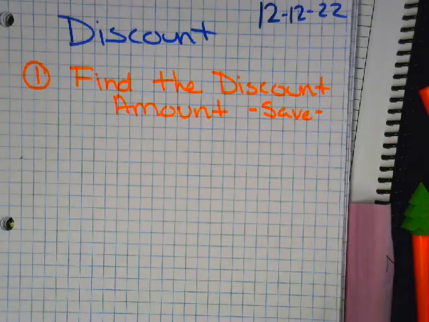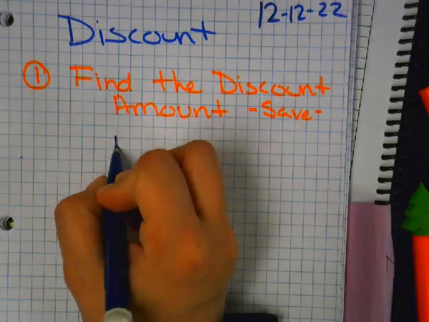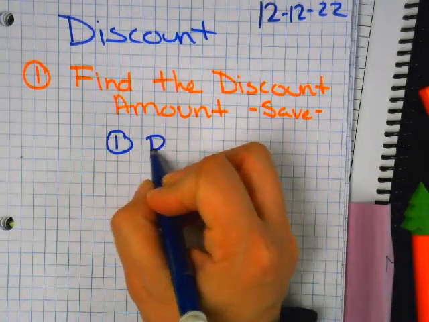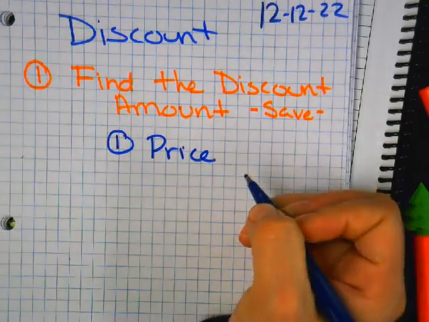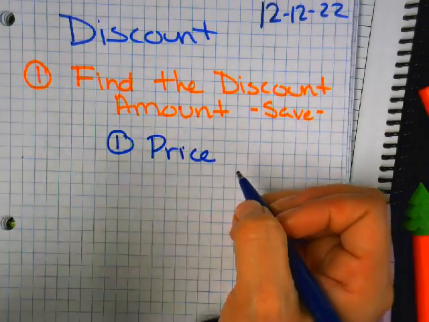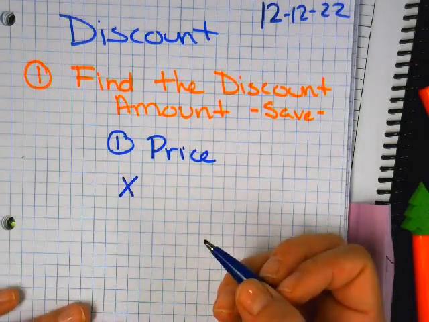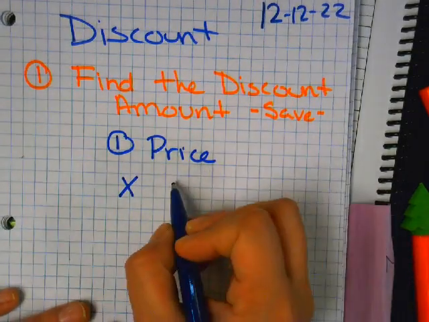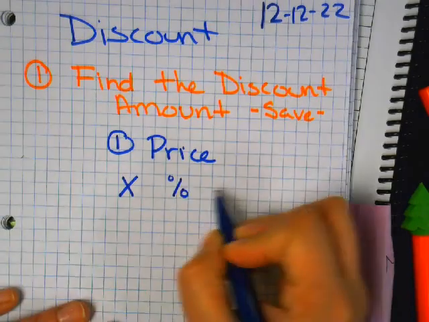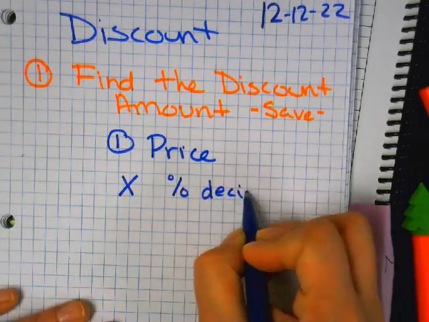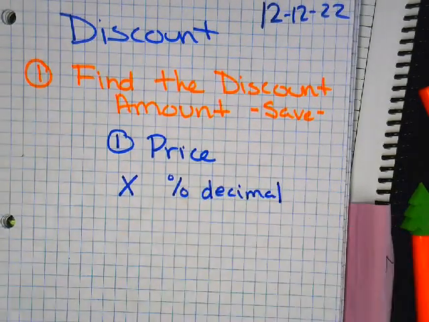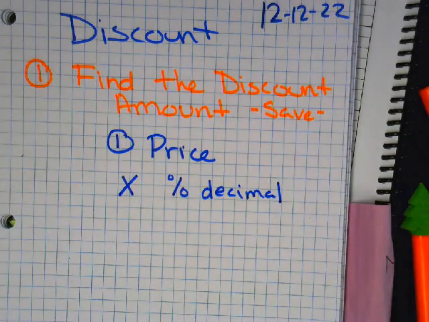Now the way we do that is you're going to take the price of your item, the price of the PlayStation, the price of the TV, the price of the iPhone, and you're going to multiply it by your percent written as a decimal. So if I have 25% off, what is that as a decimal?